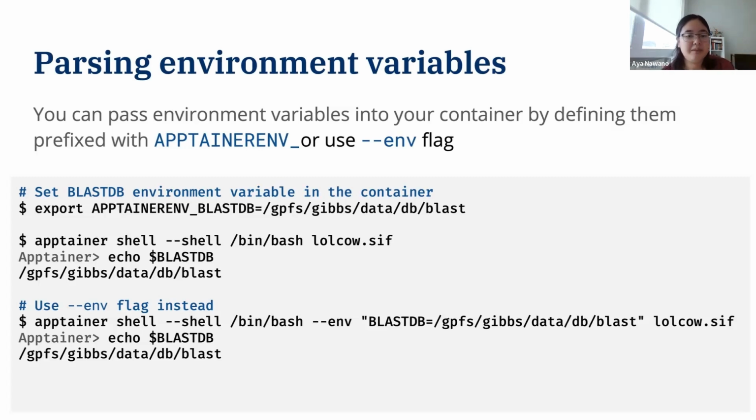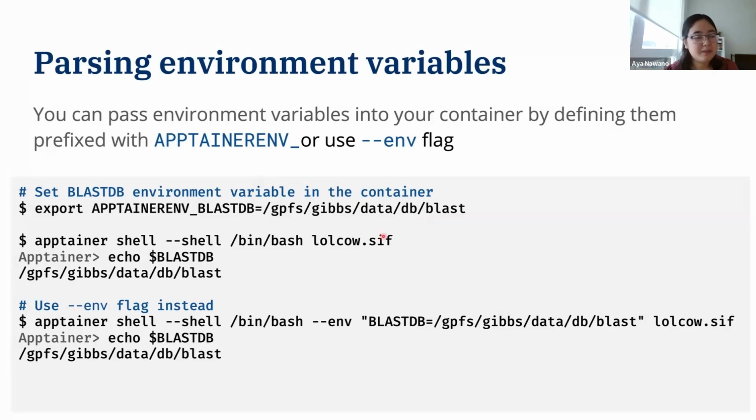So for example, let's say we need to set the BLASTDB environment variable within our container. Here's how we can do it. On the host, we can export this variable with APPTAINERENV_BLASTDB, and this is set to the path to the database for the BLAST software.